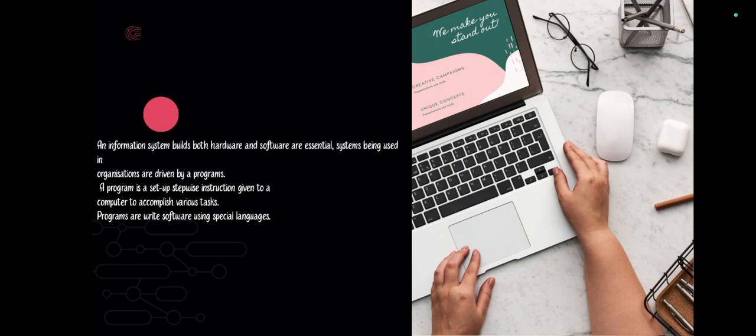An information system has both hardware and software, which are essential. Systems being used in organizations are driven by programs. A program is a set of stepwise instructions given to a computer to accomplish various tasks. Programs are written as software using special languages, called programming languages.